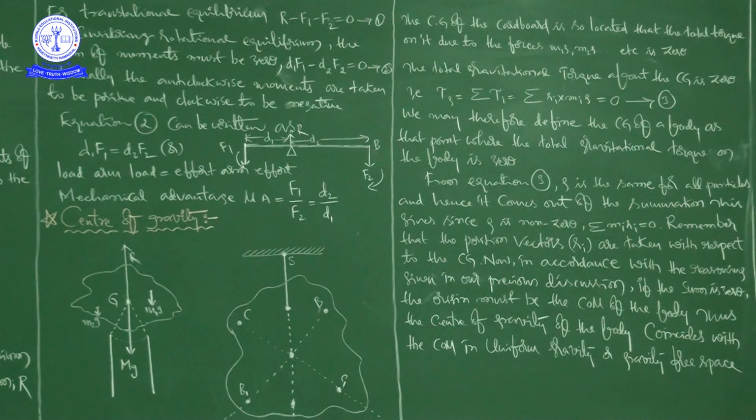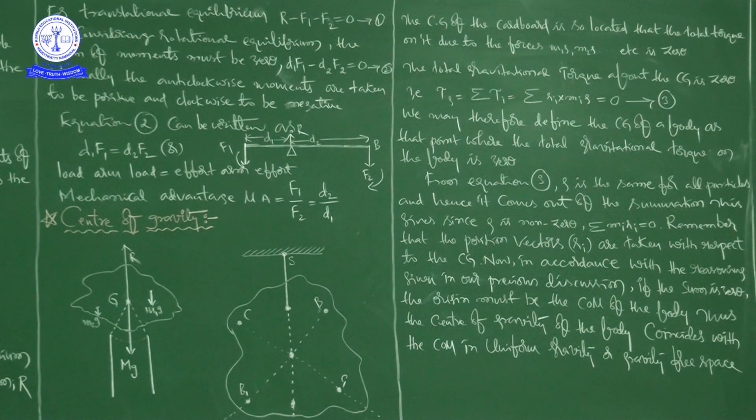So that is what we are talking about in equilibrium now: translational equilibrium and rotational equilibrium. These two equations, equation 1 and equation 2, we are getting from the conditions of equilibrium, either for translational or for rotational. And in the case of a lever, force F1 is usually some weight to be lifted.